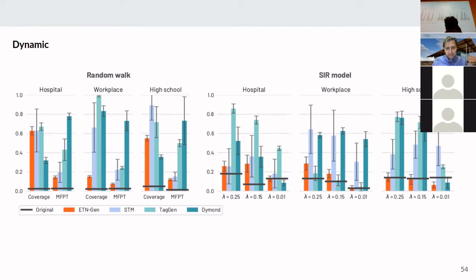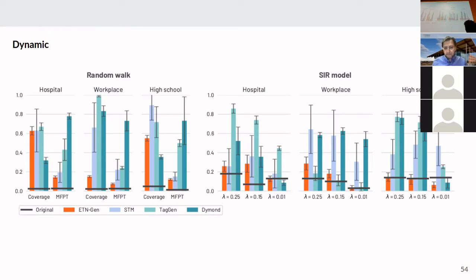For instance, take the hospital dataset, where I'm simulating a SEIR model. I have the lambda of the model because epsilon was fixed. You can see the black horizontal line, which is the stability of the simulation in the SEIR model on the original graph, so you have a baseline, and then we have our result with our standard deviation.